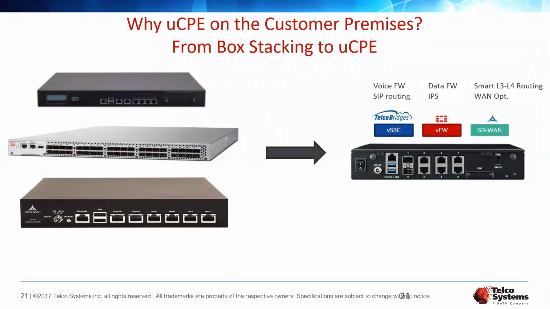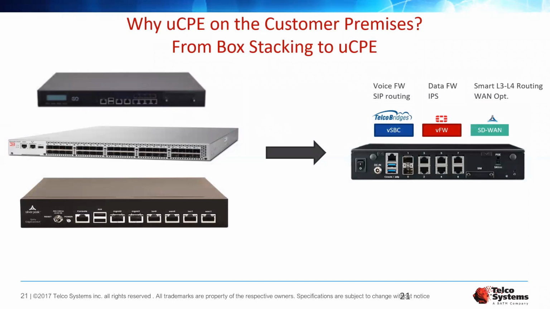All right. So why people thought about making Universal CPE, and then we are going to say what it is. So you have 1, 2, 3, 4 boxes: your SD-WAN, your firewall, and your SBC. Each one is a box. And instead of that, you want to virtualize them and put them on a single box.